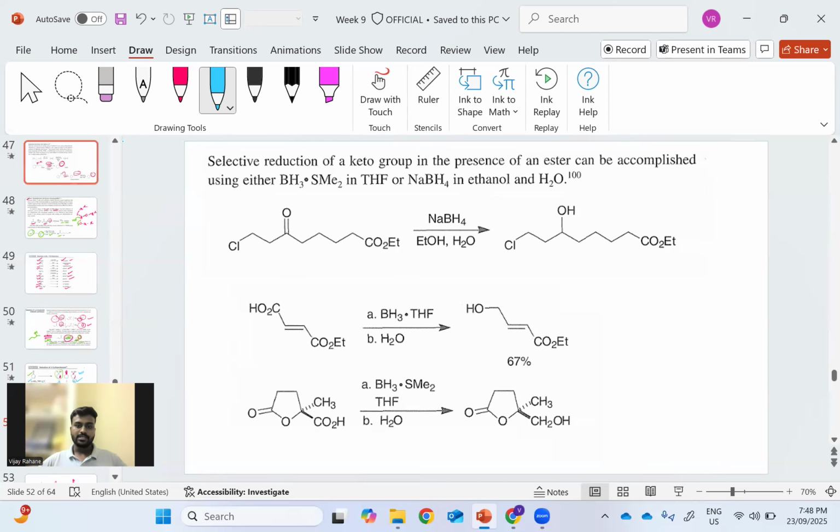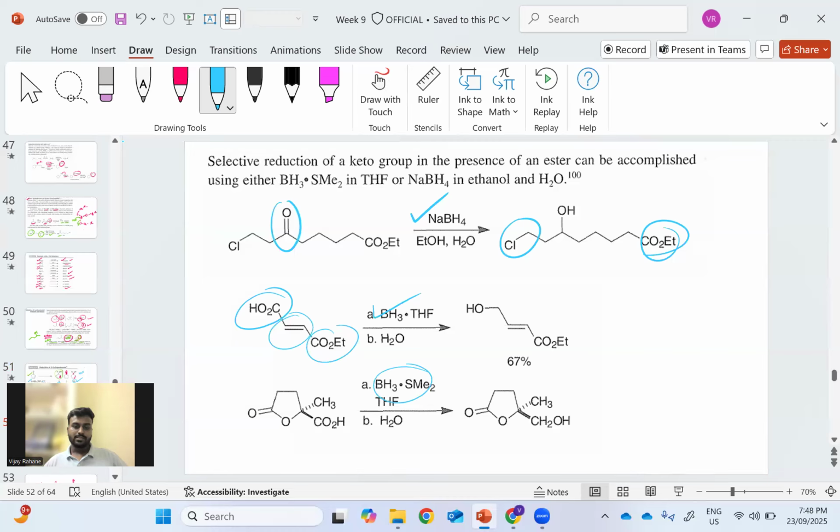So the first reaction is with NaBH4. Obviously it will reduce only the carbonyl group, keeping the ester group or alkyl halide group intact. Then we had BH3·THF. In that case, it selectively reduced the acid, keeping the double bond and also the ester group intact.